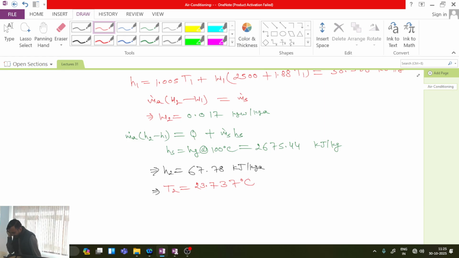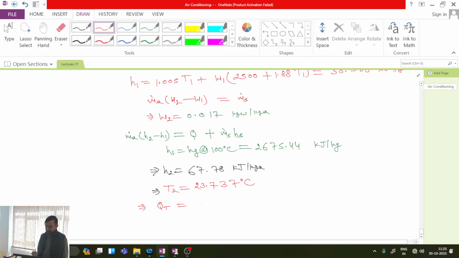I need to calculate total load, sensible load, and latent load. So, how much will be the total load? M dot A into H2 minus H1.